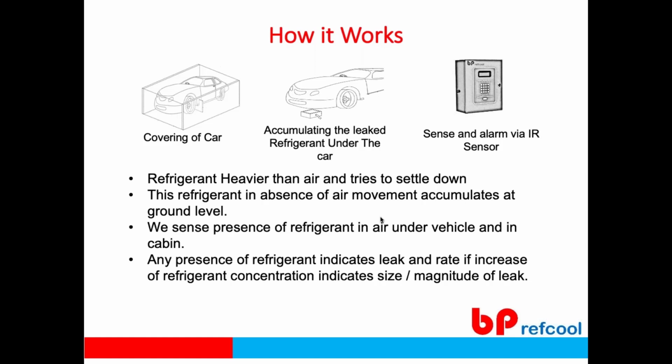It can detect even 1 ppm of refrigerant in air. As we see the rise of this ppm level from 1 to 2 to 5 to 20 to 50, the rise can give us an indication of what type of leak we are working on.